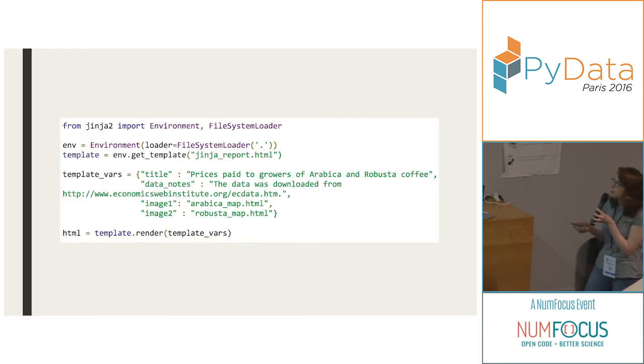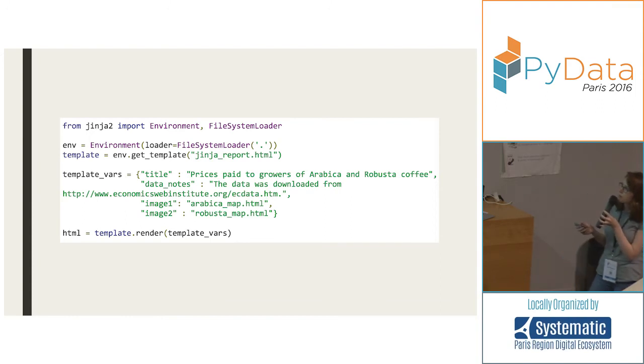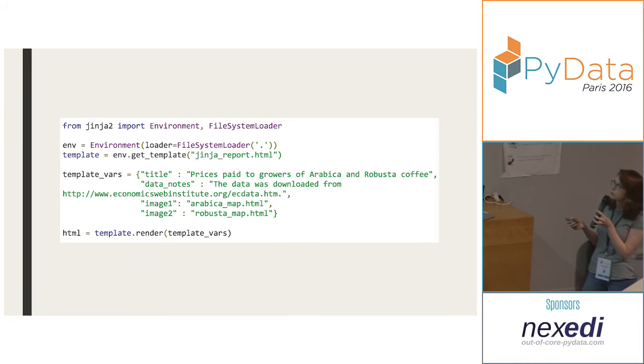This is the Python code which renders the template. So environment is a class which is going to contain the configurations and the global variables. I'm going to get the template, which I've called jinja_report.html. I've defined the template variables.